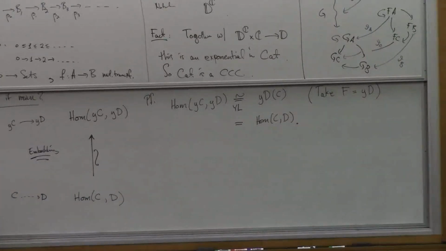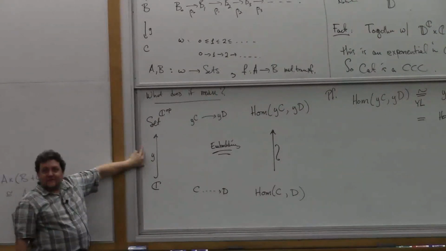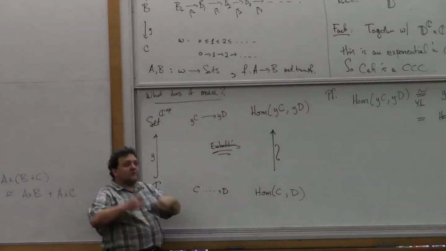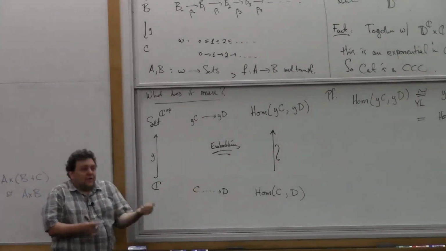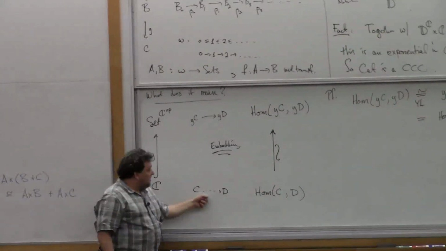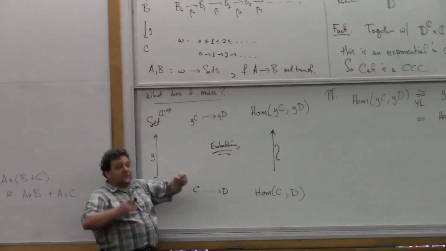Okay, so this machine that I was describing that we would like to have, we do have. You take any category, you take any objects in the category, you want to prove something about them, but you don't know what to do because your category doesn't have much stuff in it. Well, you apply the Yoneda embedding, you get it up here where you've got all this machinery to work with.